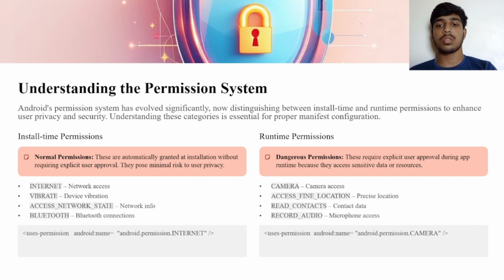Earlier, Android users granted all permissions at once, but now users can choose which ones to allow, as I have said. So the main aim is user privacy. This protects user privacy. If your app asks for too many permissions, people might not trust it or install it.